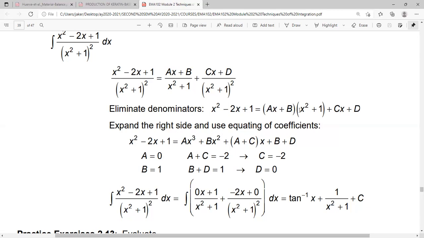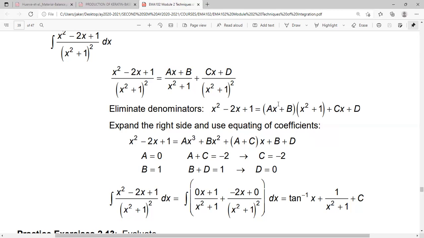Then you still do expansion. If you need to expand this one, so you have ax cubed plus bx squared plus ax here, and then you have b. Okay, the manner it is written in here is already grouped. That way, the terms that have x cubed, x squared, x, and the constants are already together.